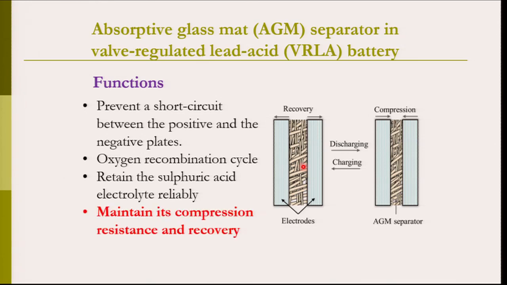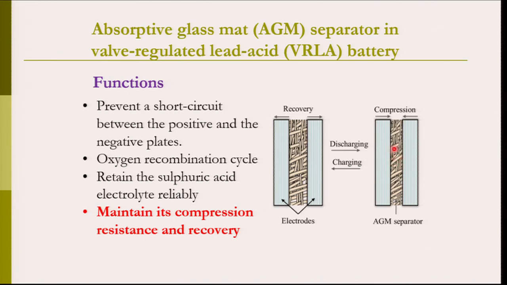But the most important function of the AGM separator is to maintain its compression resistance and recovery characteristics. Why are compression resistance and recovery important? As you can see, during discharging of the battery, the plates come closer to each other and compress the AGM separator.